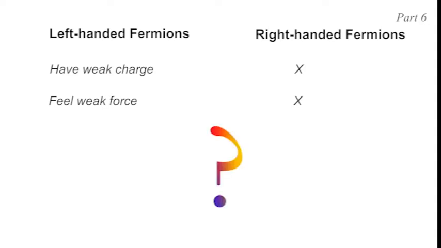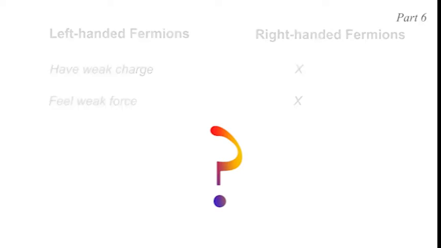One way to look at this is to say that it is as though the left-handed fermions have the weak charge, but the right-handed fermions don't. The left-handed fermions feel the weak force, but the right-handed fermions don't. Now that's weird. Can you imagine saying that about the electromagnetic force?